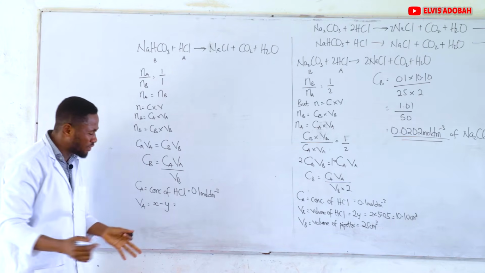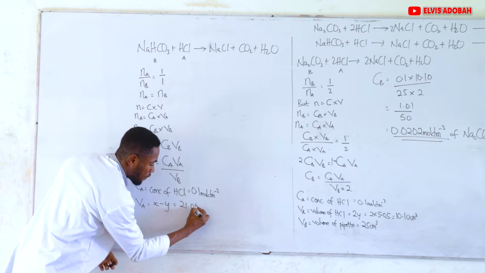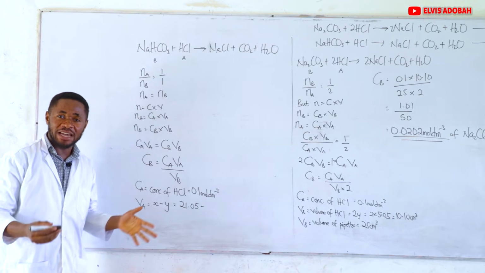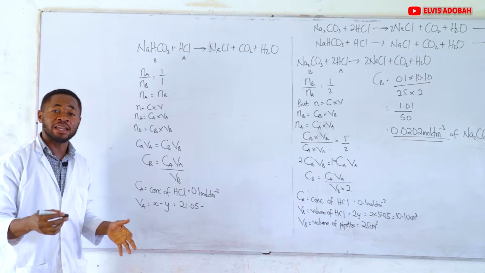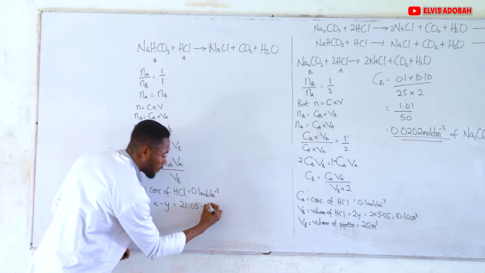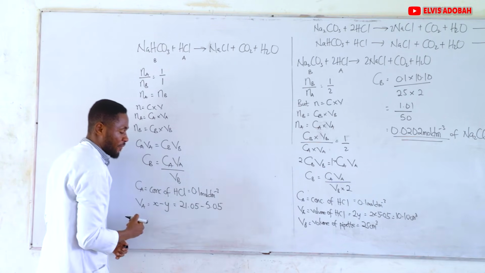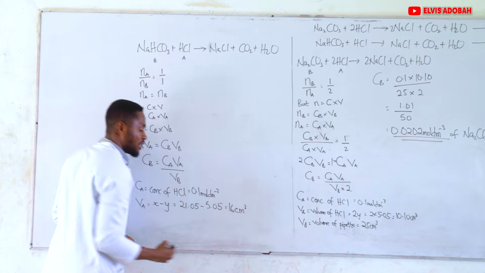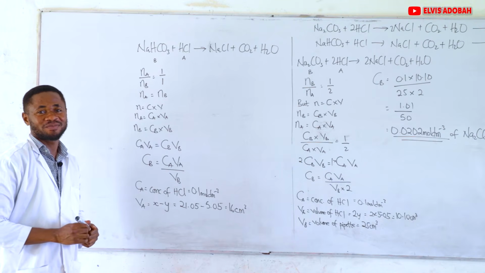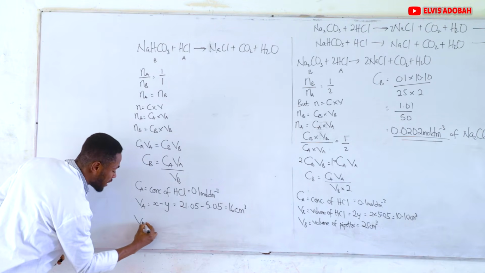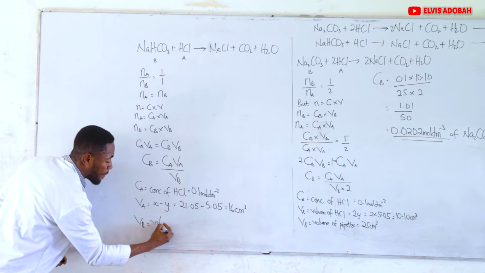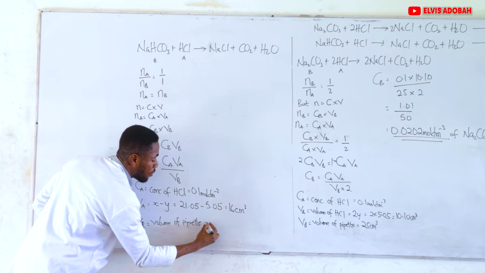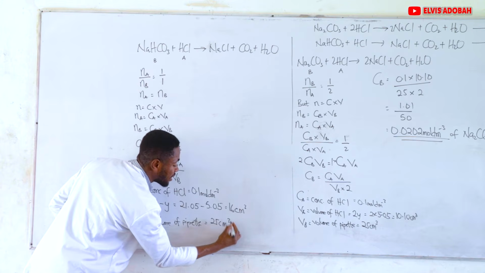And we had that one to be 21.05. Then our Y is the average titer from our phenolphthalein titration, which we had to be 5.05. So the difference will be 16 centimeters cubed. Then our volume of B will be the volume of the pipette we used. And that was 25 centimeters cubed.